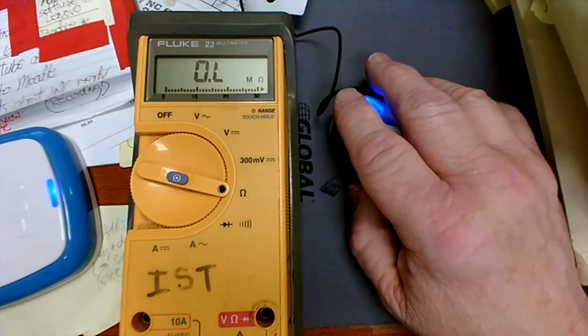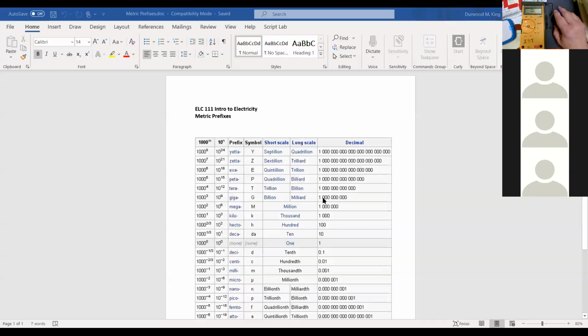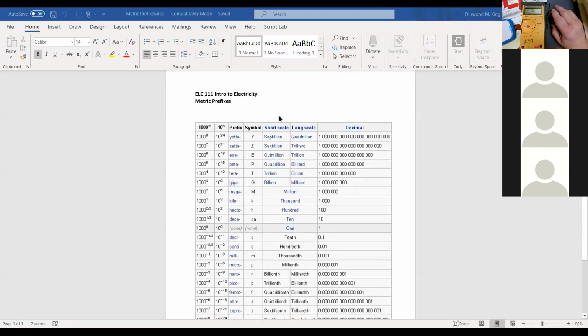So I'm switching screens right now. Now, do y'all see the metric prefix sheet on the screen there? Yeah.